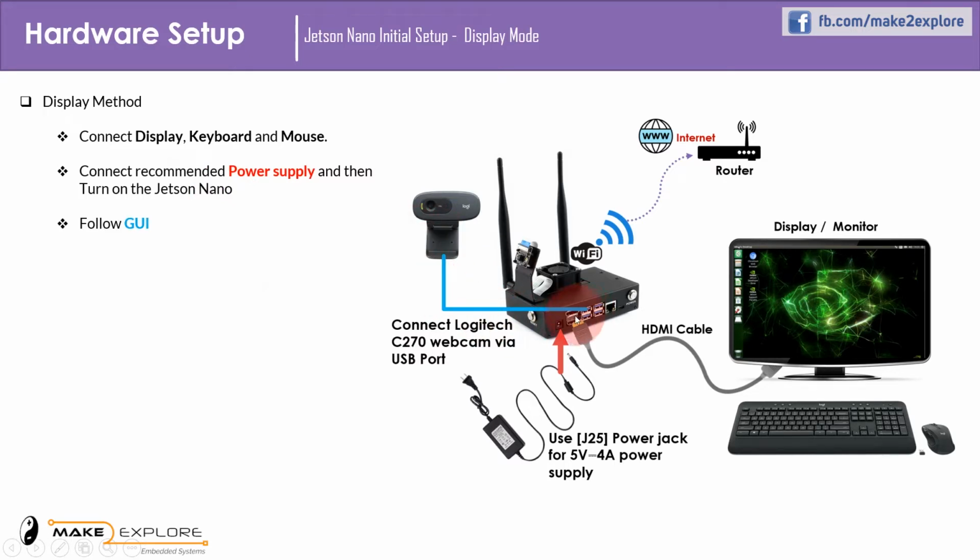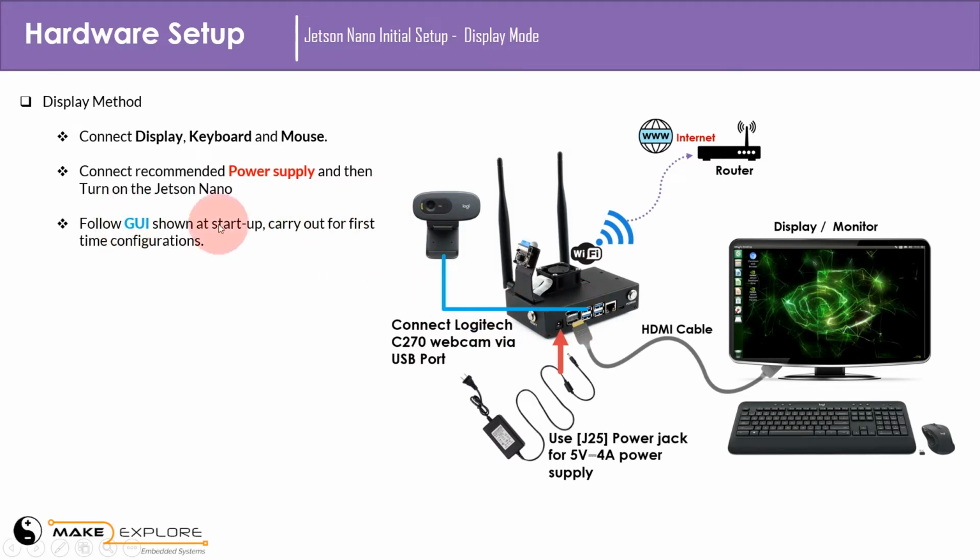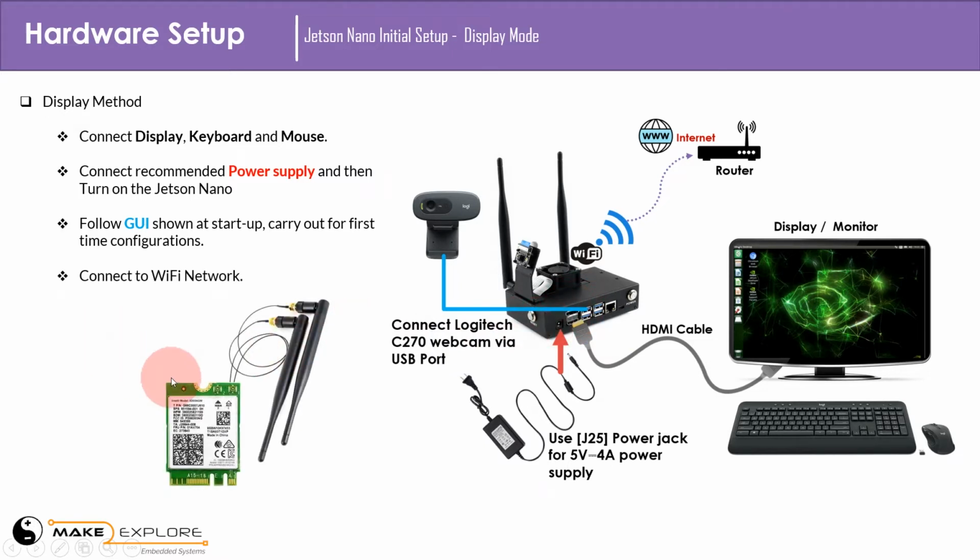As we have mentioned earlier, follow the graphical user interface shown at startup, set up and perform all first-time configurations like language, time, Wi-Fi, username and password settings, etc. We have interfaced Jetson Nano with the Wi-Fi network interface card AC8265. This one. Therefore, we can connect Jetson to our router wirelessly and can access the internet.